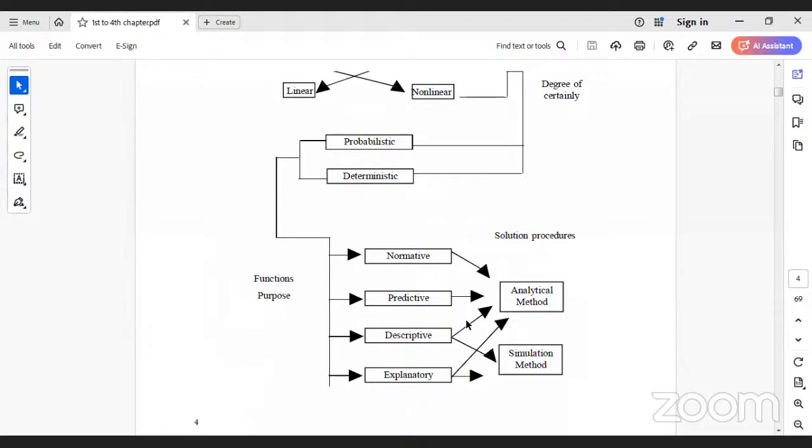Normative is an analytical method. Predictive is a numerical method. Descriptive is also analytical.